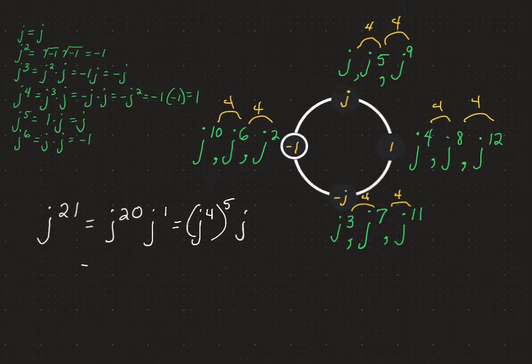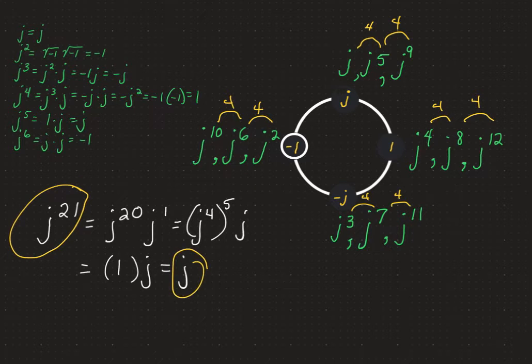Well, what is j to the fourth? J to the fourth is 1, and 1 times j is j. Therefore, j to the 21st is equal to j.